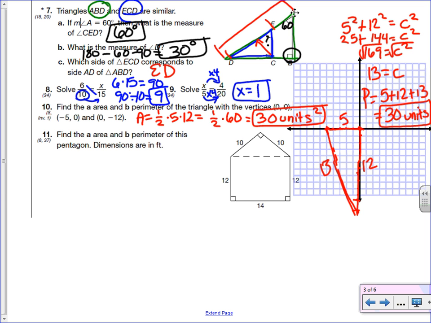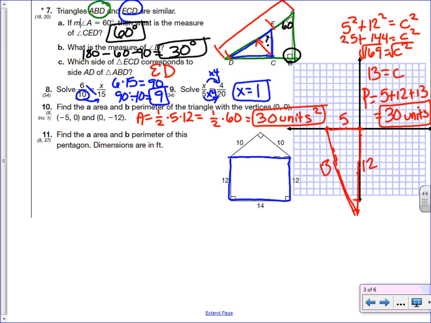Find the area and perimeter of this pentagon. Pentagon means 5 sides. Dimensions are in feet. So if I want to find the area, I'm going to divide it into 2 shapes that I know how to find the area of. The first one is this rectangle.